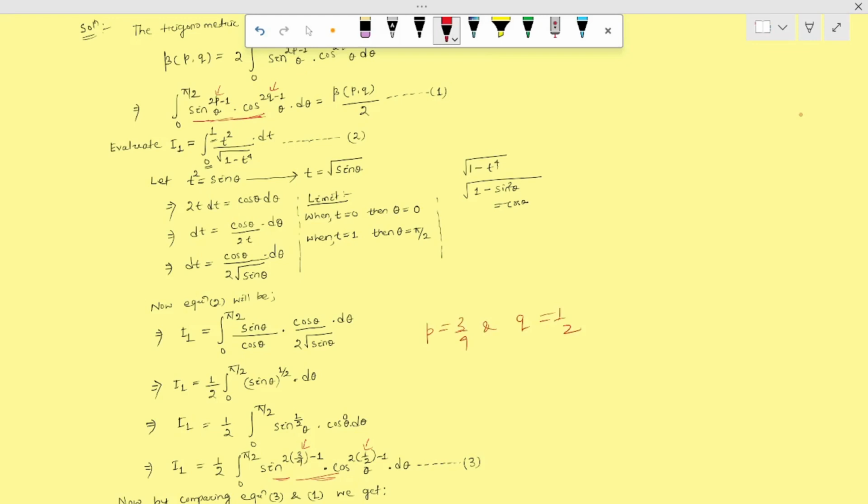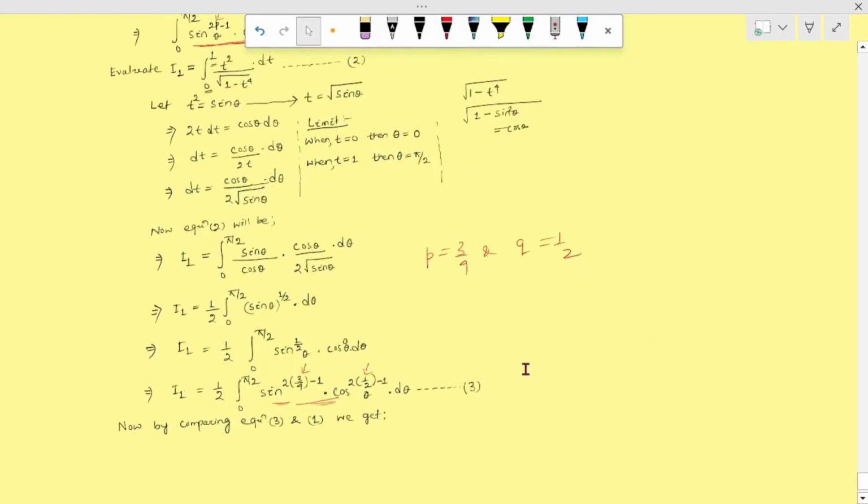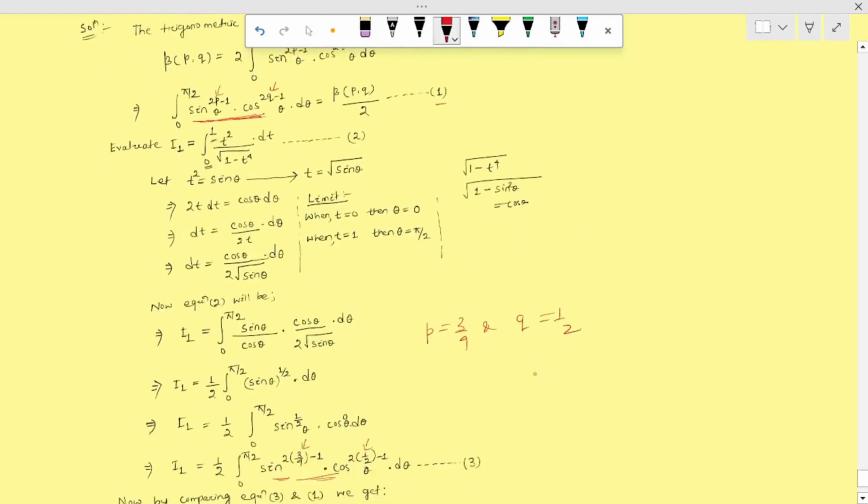So in your equation number 1, this integral value is how much? Beta PQ by 2. So by comparing equation number 3 and 1, this integral value will be beta 3 by 4, 1 by 2 by 2. Okay, same thing I'm going to write over here.